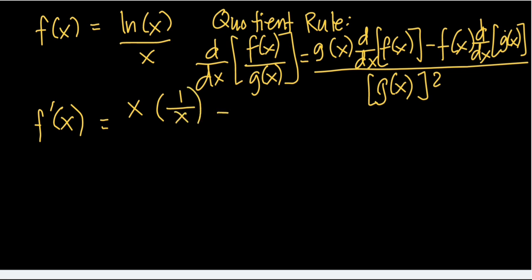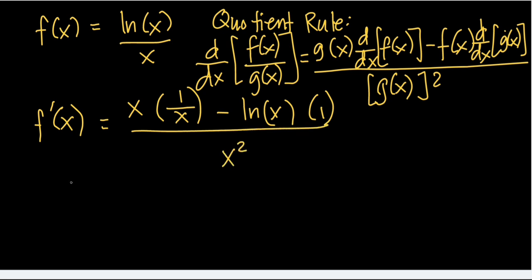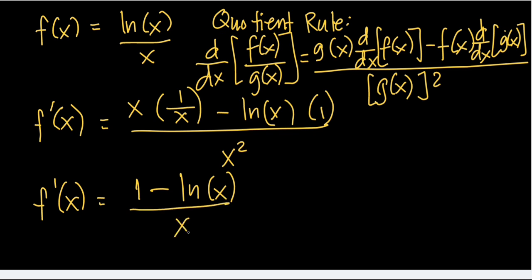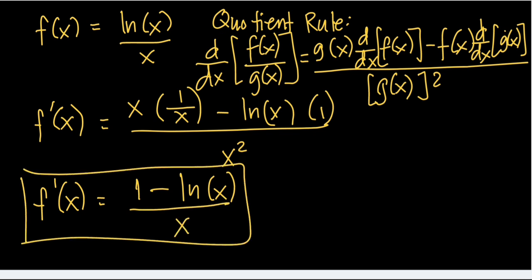Then minus ln of x, which is f of x, times derivative of g of x, which is 1, divided by g of x, which is x squared. So x over x is 1. So this is 1 minus ln of x over x squared. So this is the first derivative of that one.